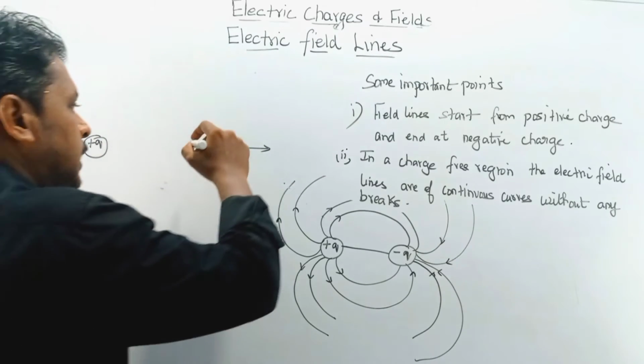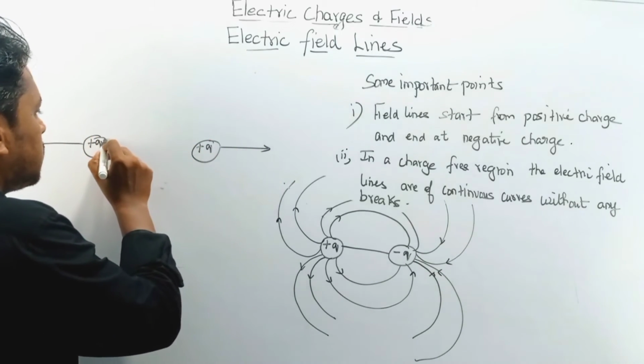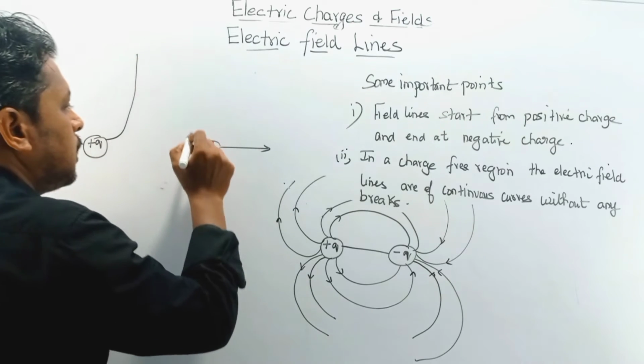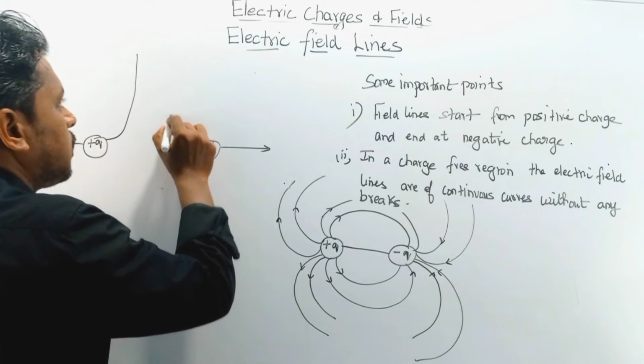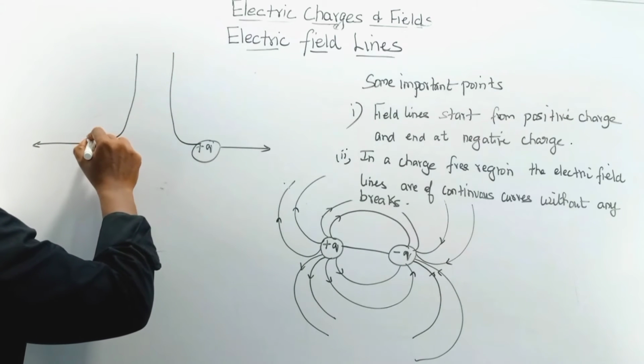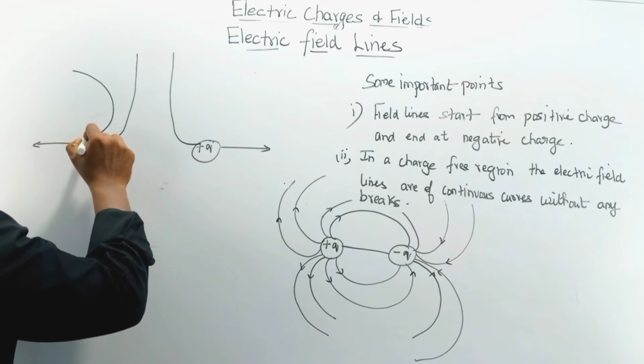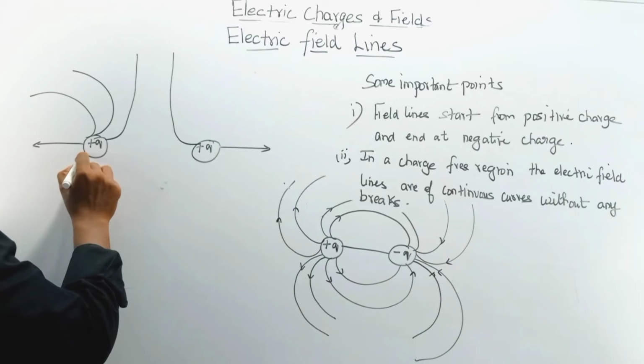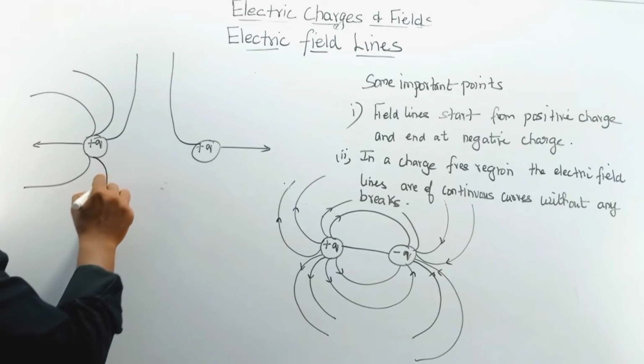Similarly, the remaining electric field lines coming from this will be repelled like this. The lines coming from this will be repelled like this. Similarly, like this, it will be repelled.